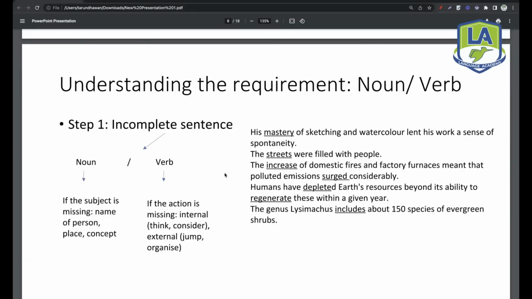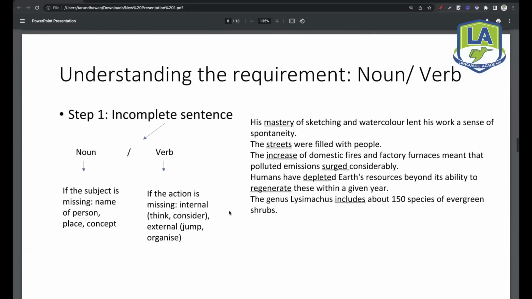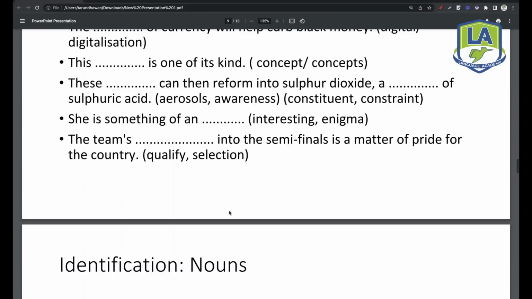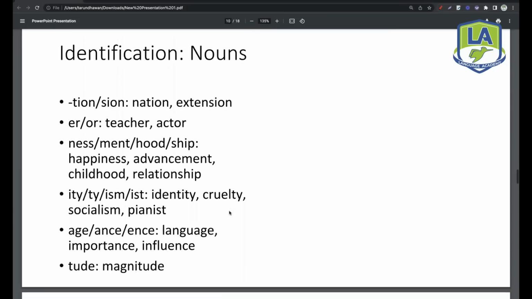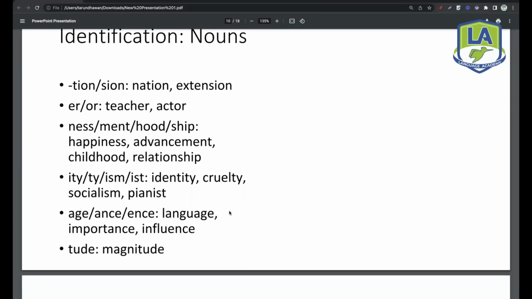So what are nouns? We have identification. Easy to remember, recall, identify. All the words which end with these: T-I-O-N, S-I-O-N, E-R, O-R, N-E-S-S, M-E-N-T, H-O-O-D, S-H-I-P. So these are basically the suffixes. Whichever words have these suffixes, those all are nouns.